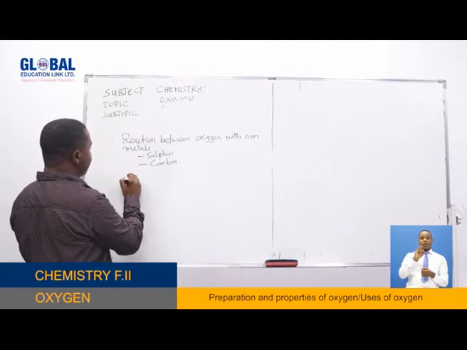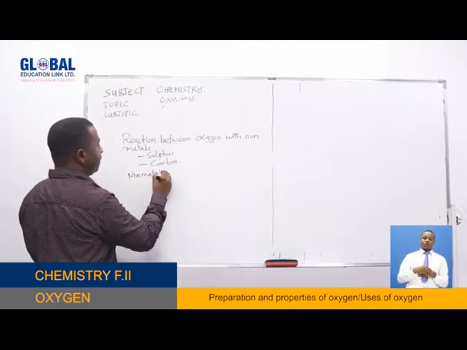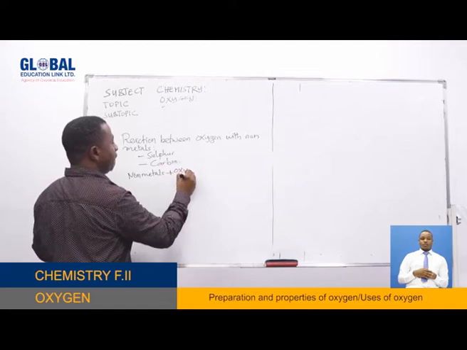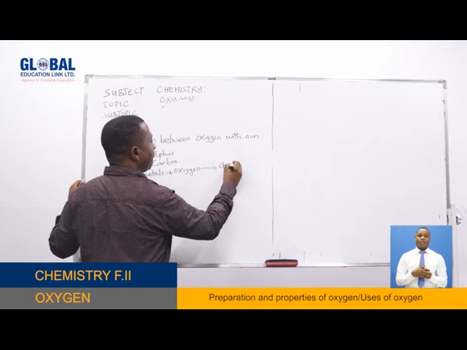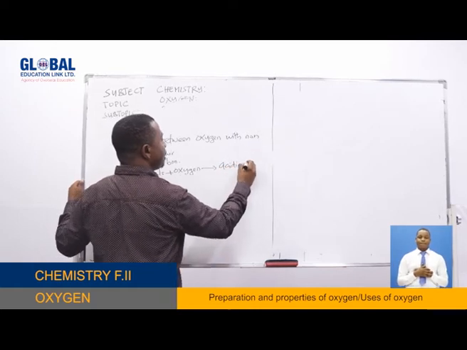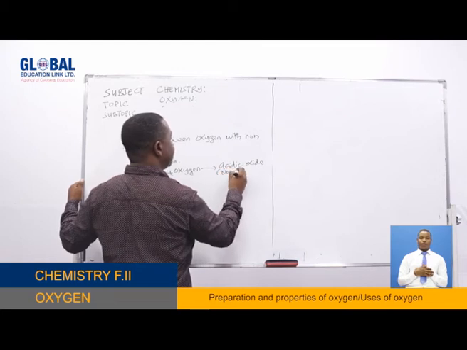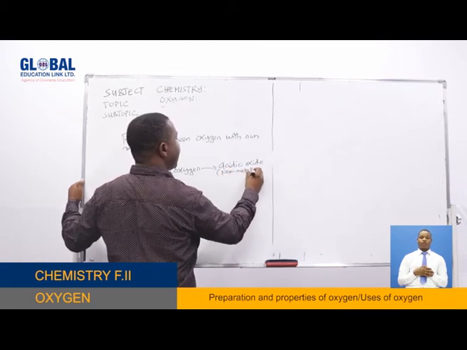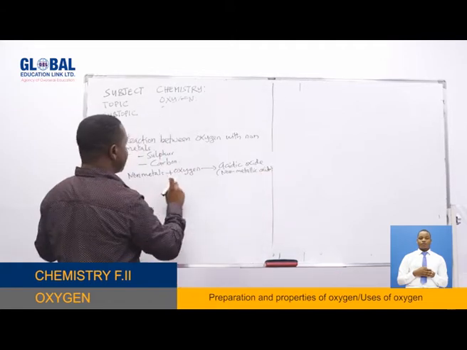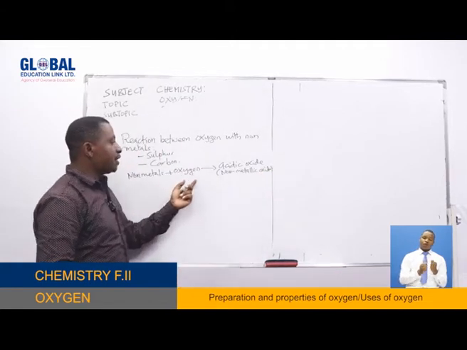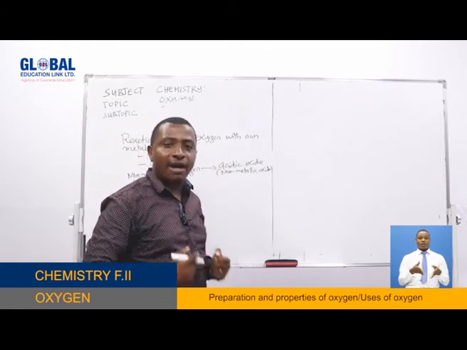So the reaction between nonmetals and oxygen produces acidic oxides or non-metallic oxides. So the reaction is nonmetals with the oxygen to produce non-metallic oxides, which are acidic in nature.